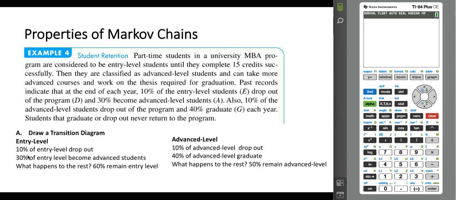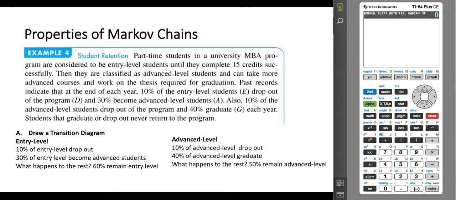So who's left? Well, there's 60% left, and those students must remain entry level. Same thing is happening with the advanced level. We have 10% that drop out, 40% go on to graduate. So who's left? Well, half of the students, 50%, must remain at advanced level status.